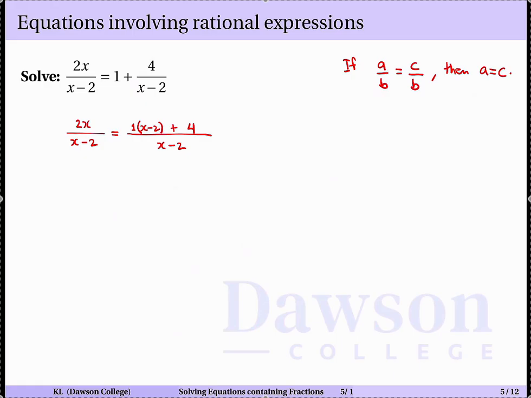So notice these are two fractions and they have the same denominator. This means that we only need to equate this numerator with this numerator. That is, you will have 2x equals x minus 2 plus 4.